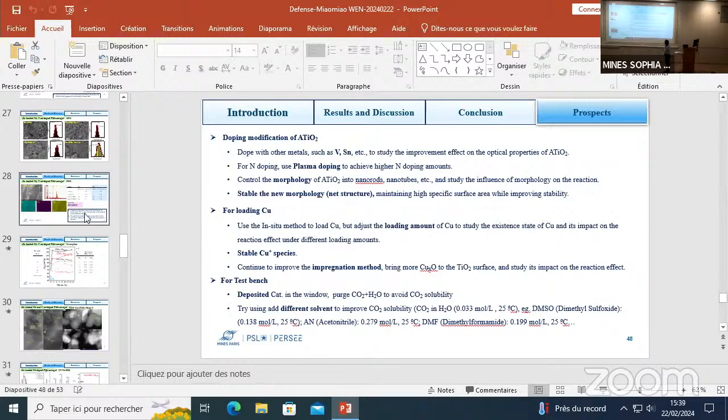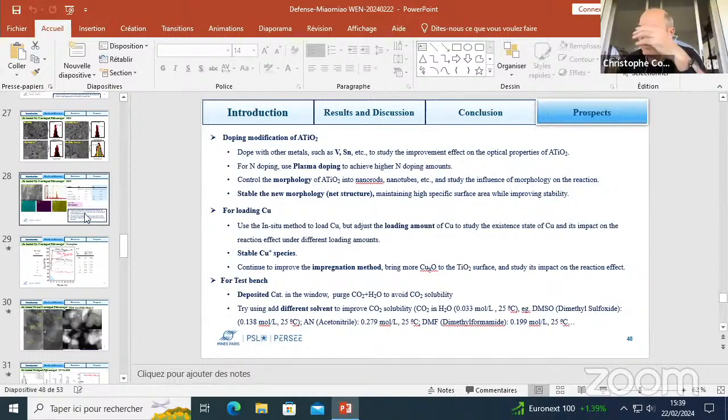Nitrogen is closer to carbon, so it's more environmentally friendly than other elements. And for nitrogen doping, you can also choose different kinds of methods to achieve it. That may be a reason why I chose nitrogen.